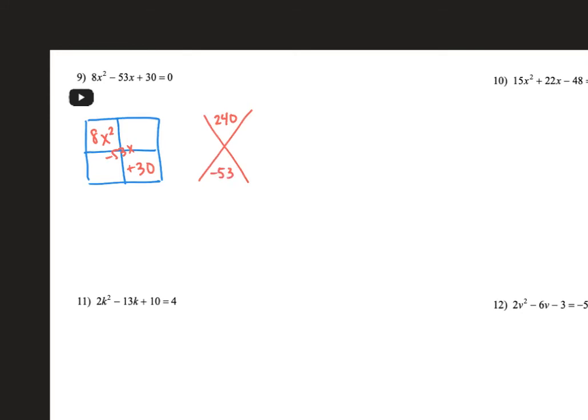Since we're multiplying to make a positive number and adding to make a negative, that means they both have to be negative. Now I'm going to list out my factor pairs of 240.